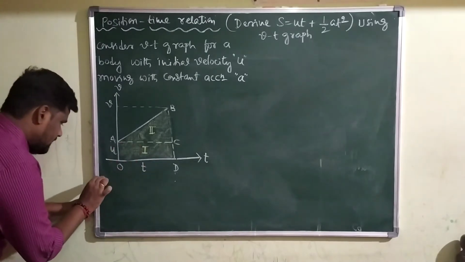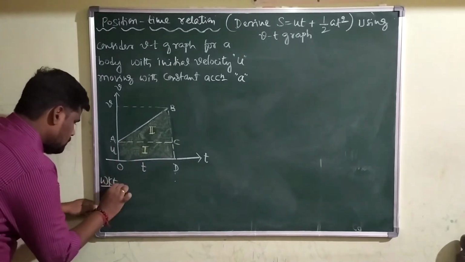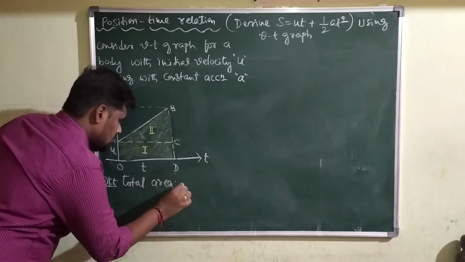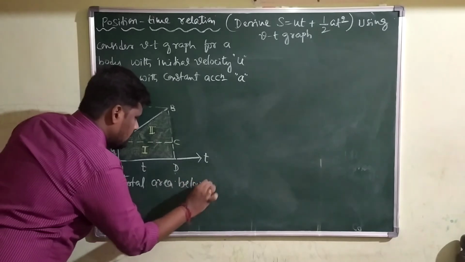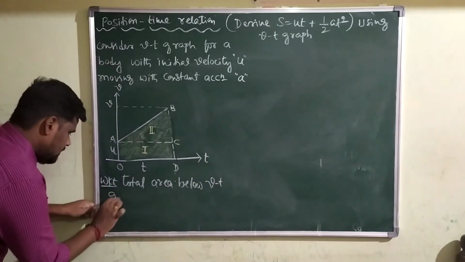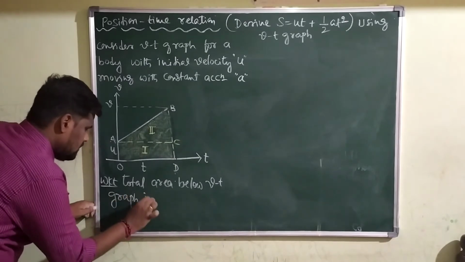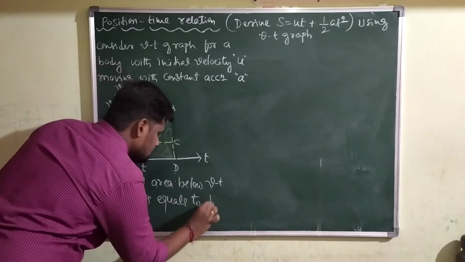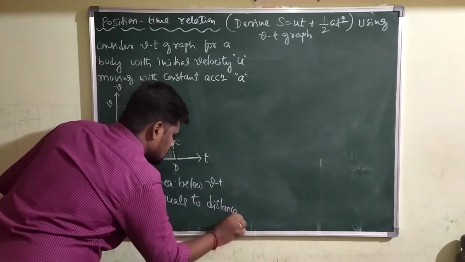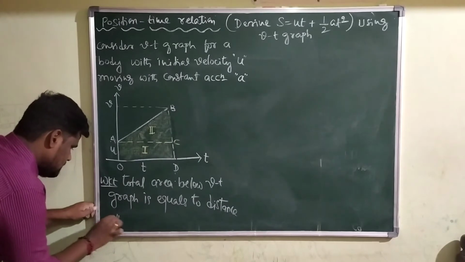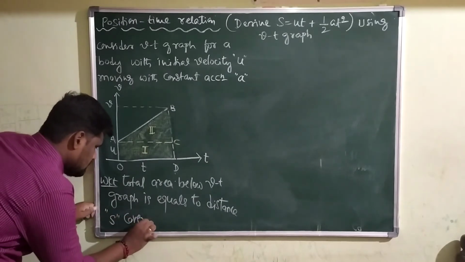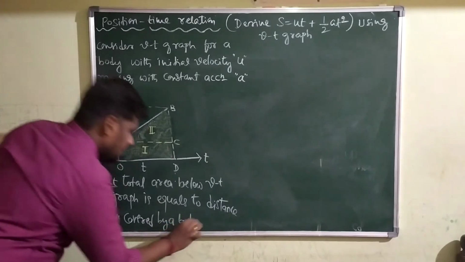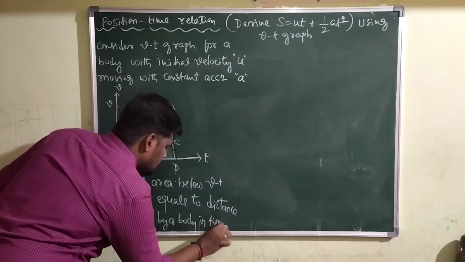First I will write here. We know that total area below VT graph is equals to distance S covered by a body in time t.